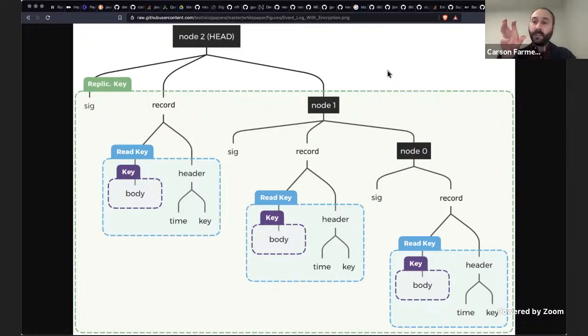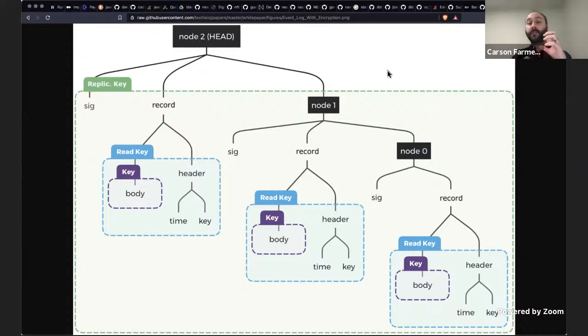It's a randomly generated key each time, and that gets stuck in the header. And then that all gets wrapped by an additional key called the read key, which you can see here. The key is used to encrypt the body that's stuck in the header. The read key is used to wrap all of that stuff to create a record.